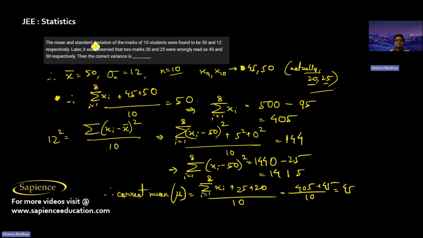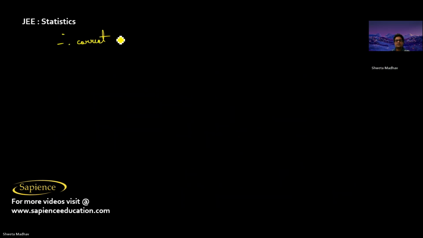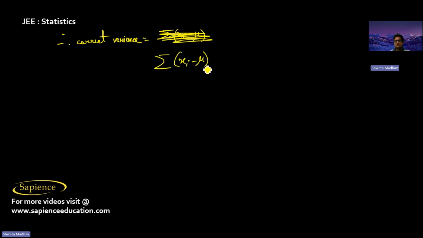Now therefore, the correct variance will be equal to summation of (xi minus mu) whole square divided by 10, where i goes from 1 to 10. See what it will be.